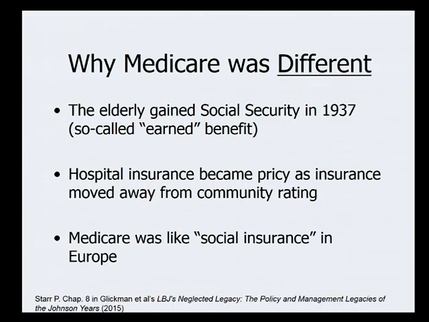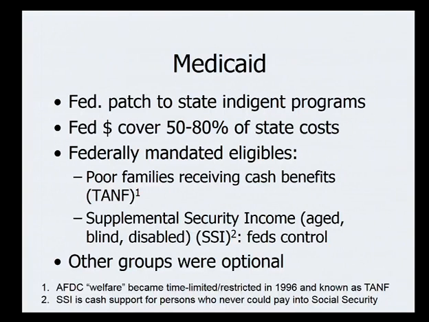Social Security had been started in 1937, income security. It was considered earned. Everybody deserved it. And because hospital insurance became quite pricey from 37 to 65, as they were changing the way they rated insurance policies for hospital care, it was getting very expensive. So there was really a sense of need to get that Medicare part covered. It was a little European in its outlook.